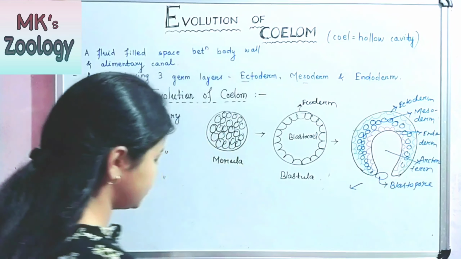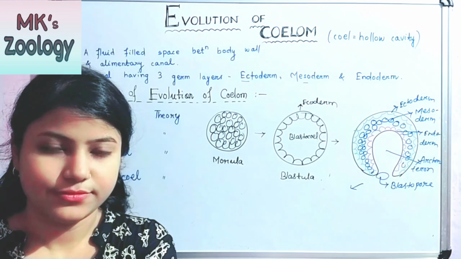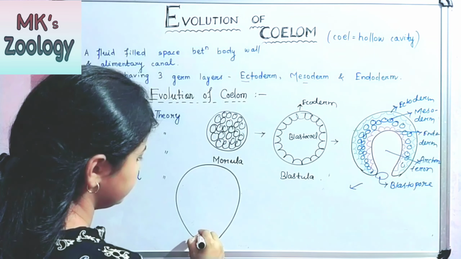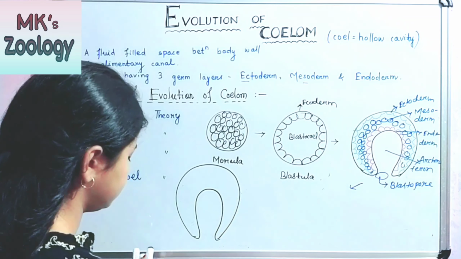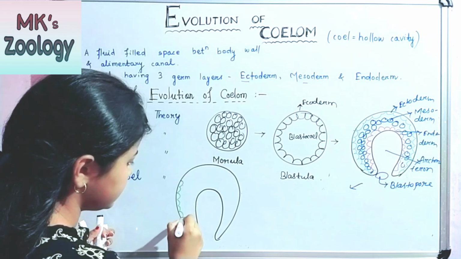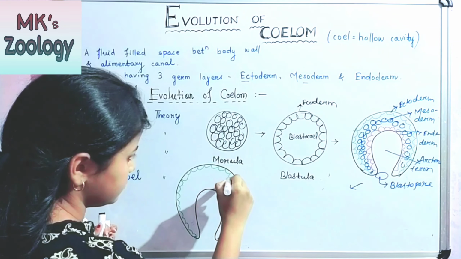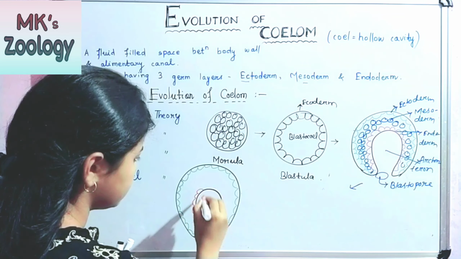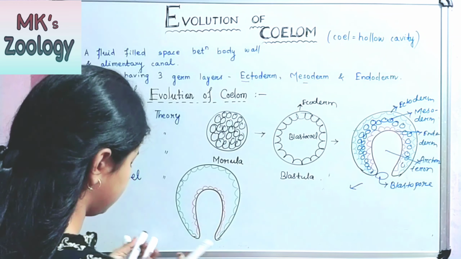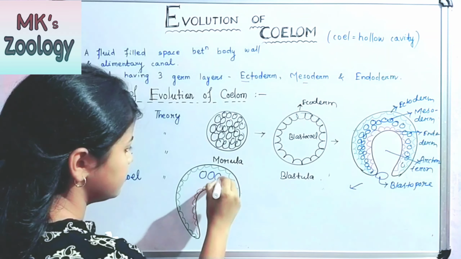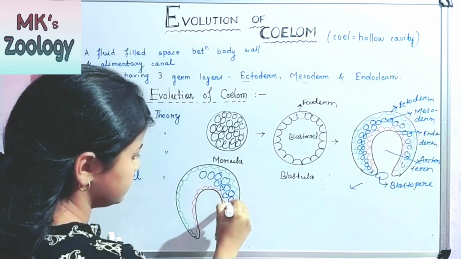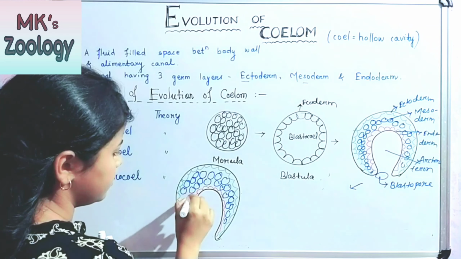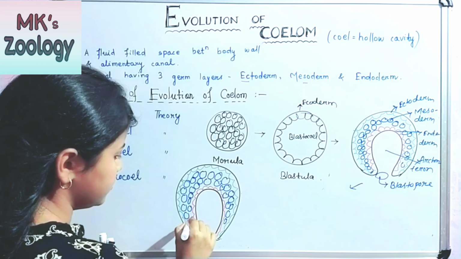So what happened in the next? This is your gastrula. This is your ectodermal cells. This is your endodermal cells. And these are your mesodermal cells, which are present in between the ectoderm and endoderm.